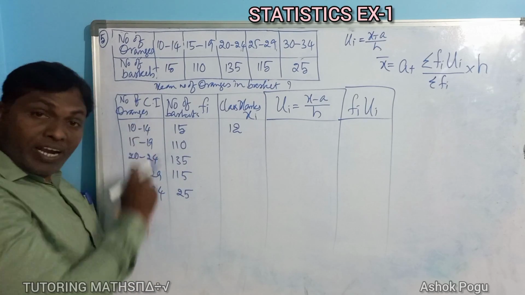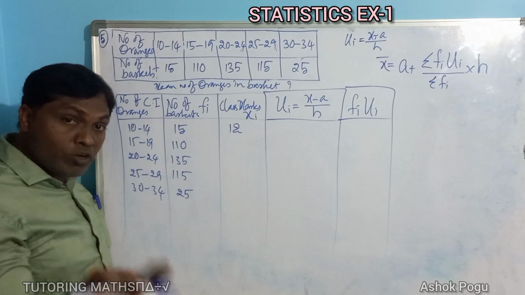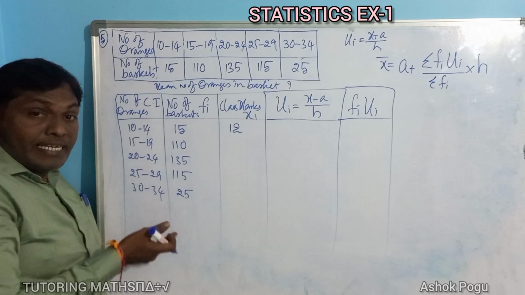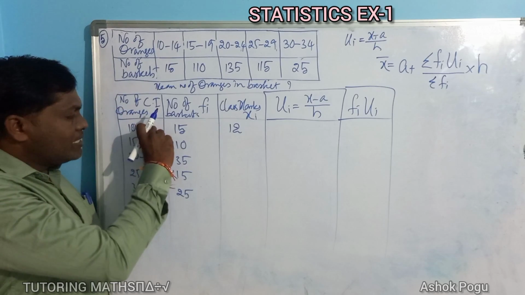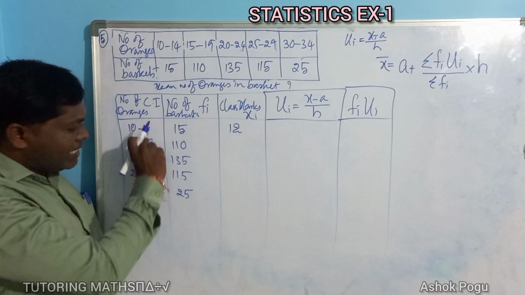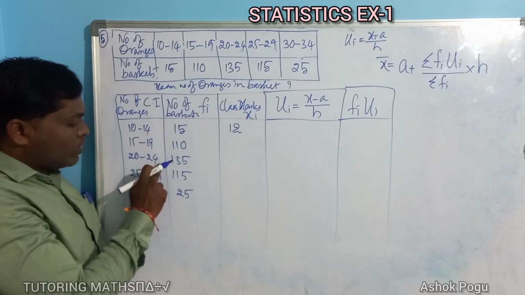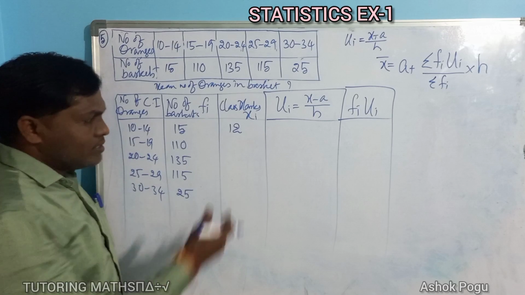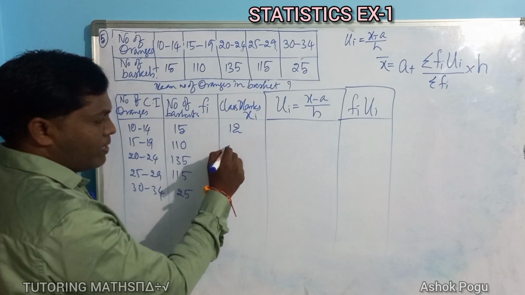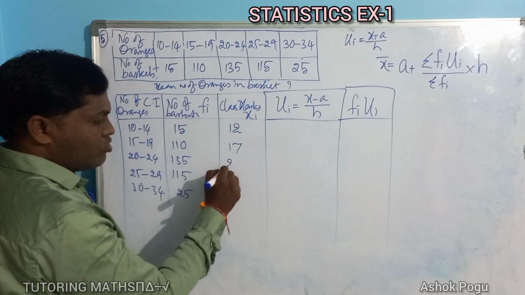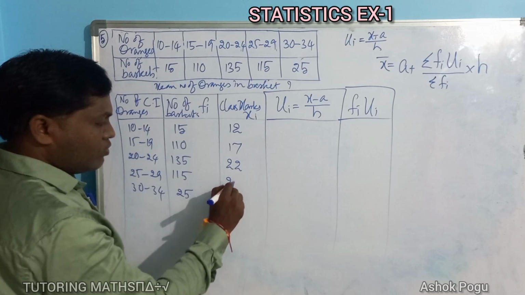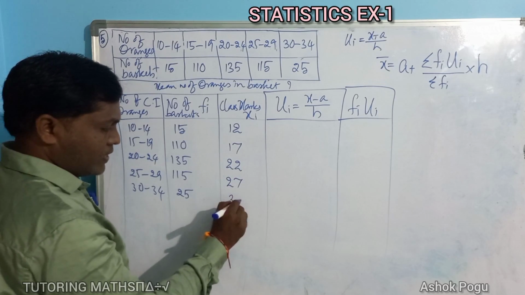Then you need not find the other values, because you follow the order. The height of the class is 5: 14, 19, 24, 29, 5, 5, 5. Just go on adding 5. 12 plus 5 is 17, plus 5 is 22, plus 5 is 27, plus 5 is 32.